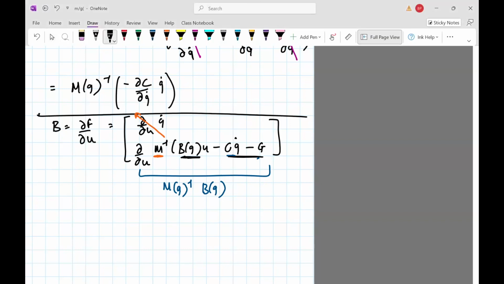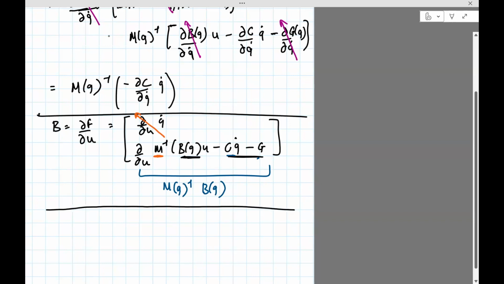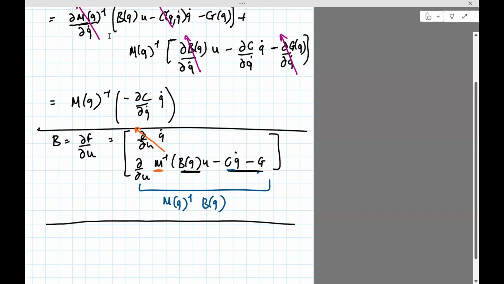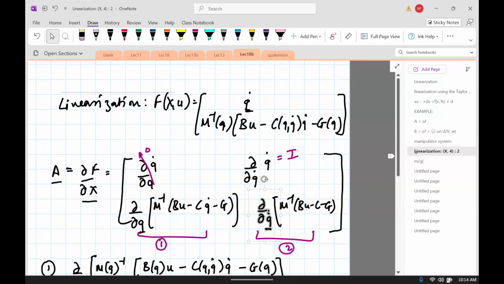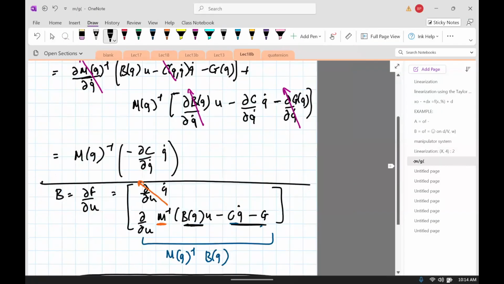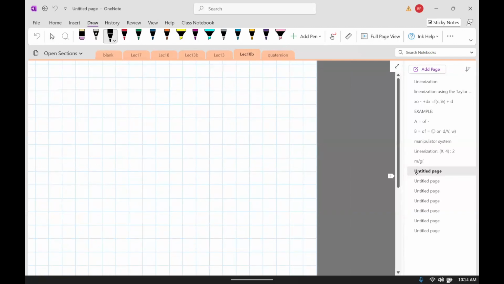So in other words, b is just that. So let me summarize what we found now for A and B. So this is B, and A was a little bit more complicated. A was this, but then 1 and 2 we simplified a little bit outside. So let me write the final linearization. Okay, here's the summary. So we were after x dot equals Ax plus Bu.